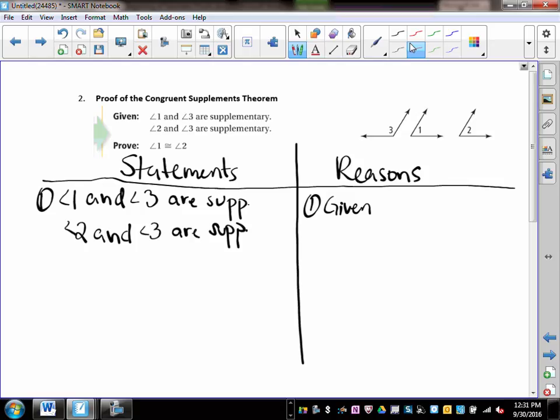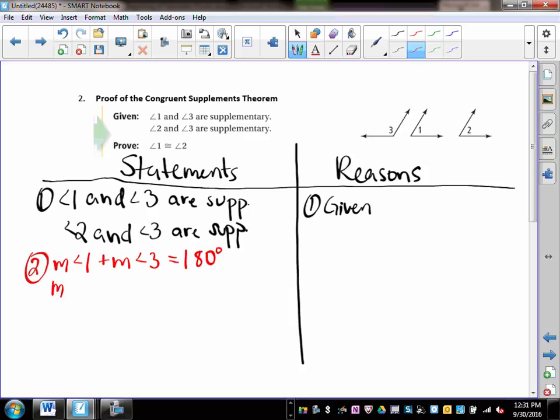All right. So what does it mean if they are supplementary? What do we know about that? Good. The measures add up to be 180. So let's go and write that. The measure of angle 1 plus the measure of angle 3 equals 180 degrees.